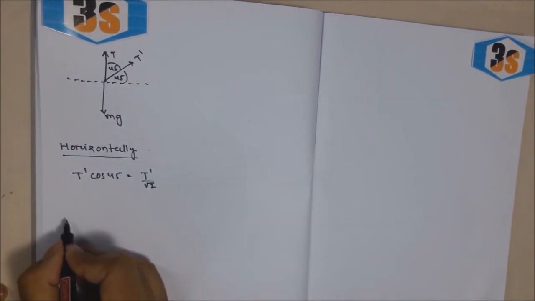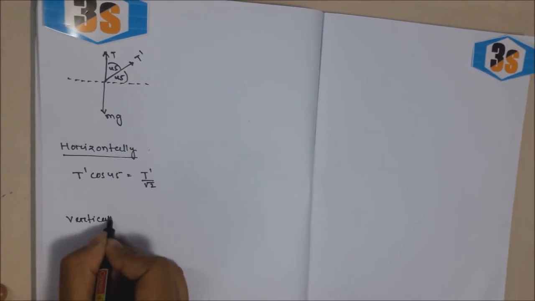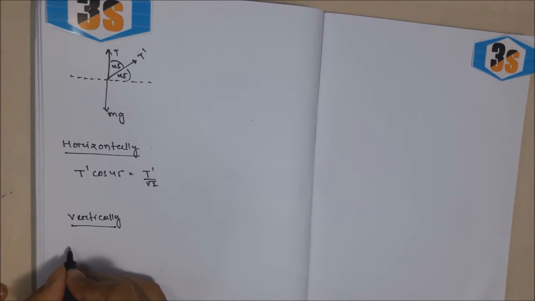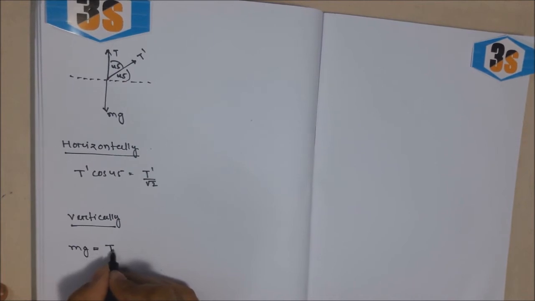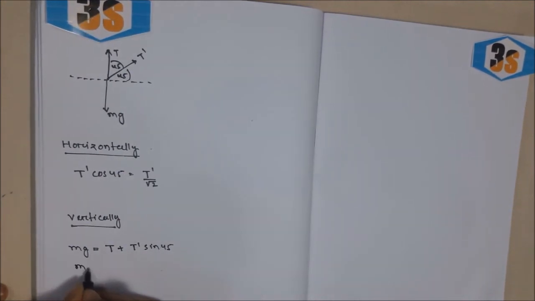And now resolving the forces vertically, the downward force is mg, the only downward force, and the upward forces are T plus T dash sine 45. You can write mg is equal to T plus T dash by root 2.